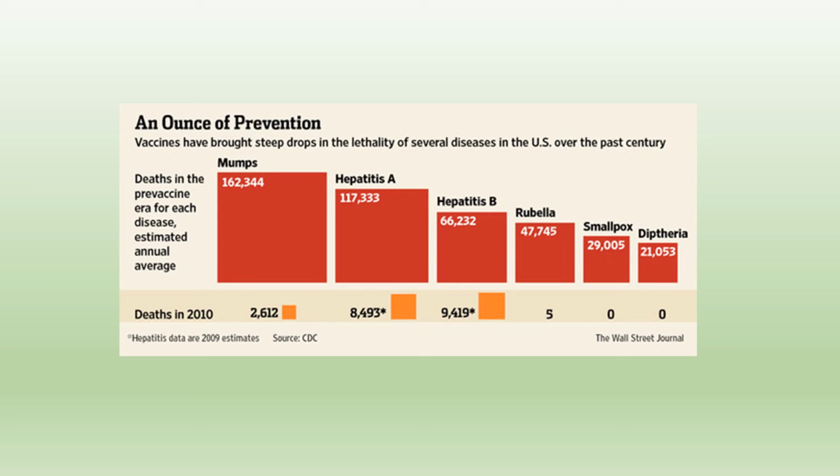And you can see that deaths fell quite a bit. We look at mumps, and before a vaccine, it was killing over 160,000 Americans every year. After the vaccine, 2,600. Now, it's even less now, because the longer you have a vaccine for something, the more the population is protected.